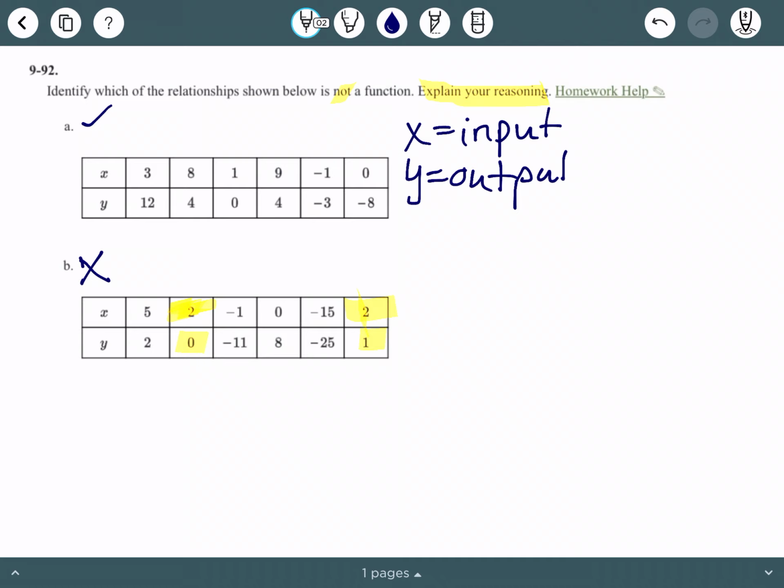So we're going to say B is not a function.